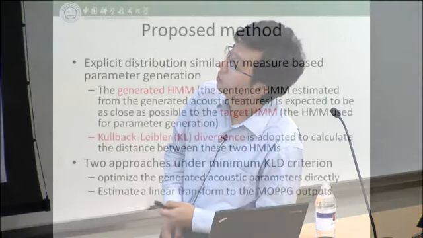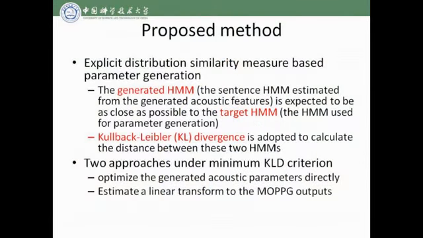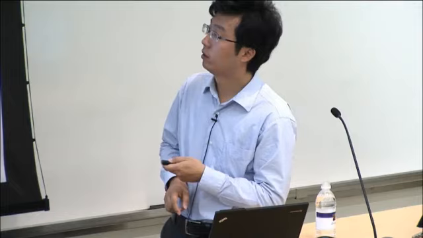No, maybe I can go back to here. I think, for example, we can consider it in this way. We have a trained HMM model, and we just keep it. Then we can generate acoustic features for input text. Then we can estimate the generated HMM from these generated acoustic features.